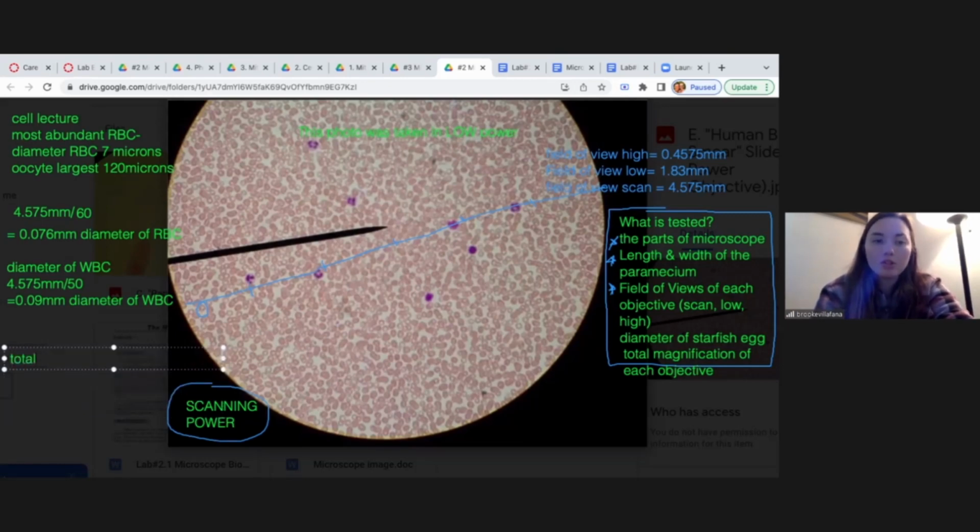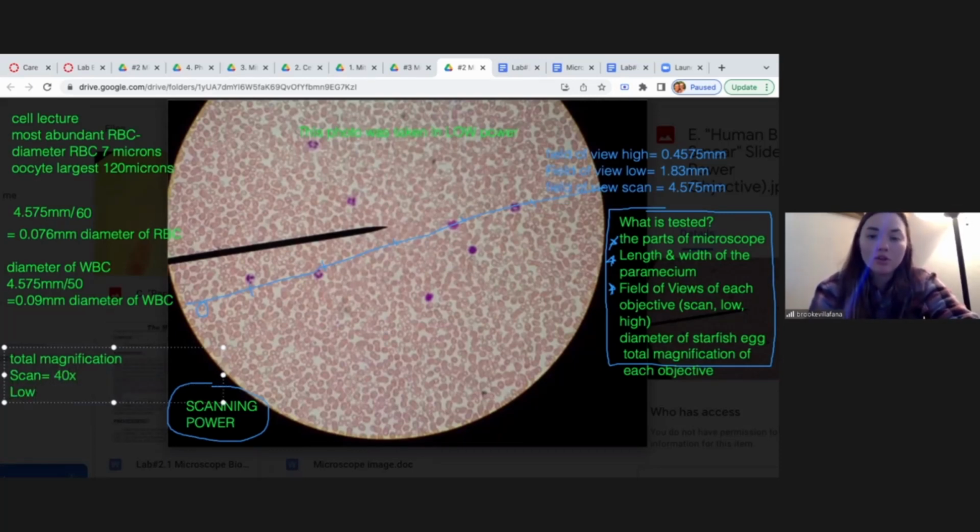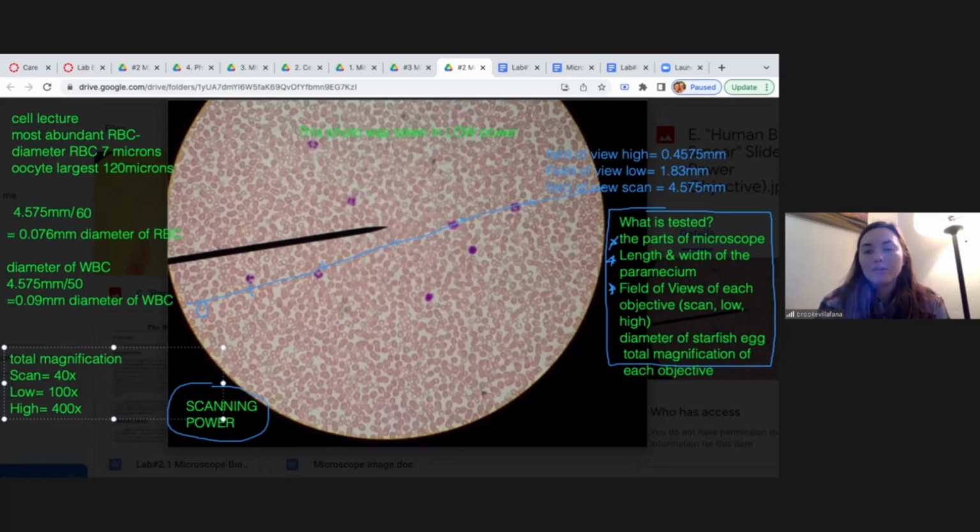Okay, so again, what's our total magnification? For scan, it's gonna be 40 times. For low, the total magnification is 100 times. And for high, the total magnification is 400 times. Okay, so these are the things from the microscope packet that could be tested on the exam.